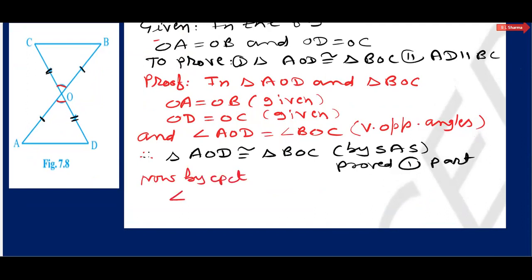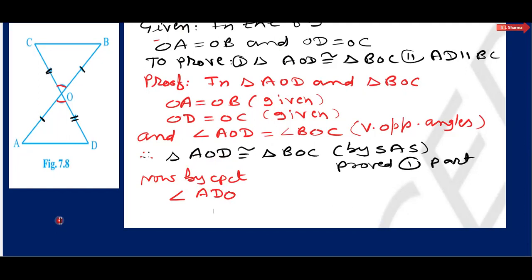angle ADO, see here, first, third, second, ADO. When two triangles are congruent, then we apply CPCT. CPCT means corresponding parts are equal.